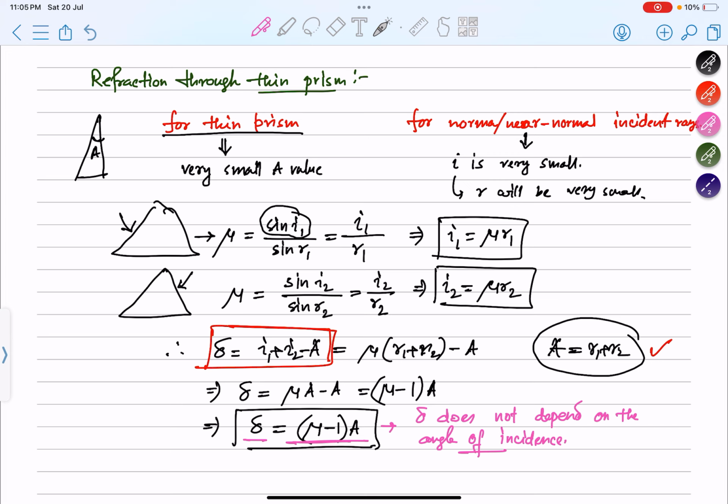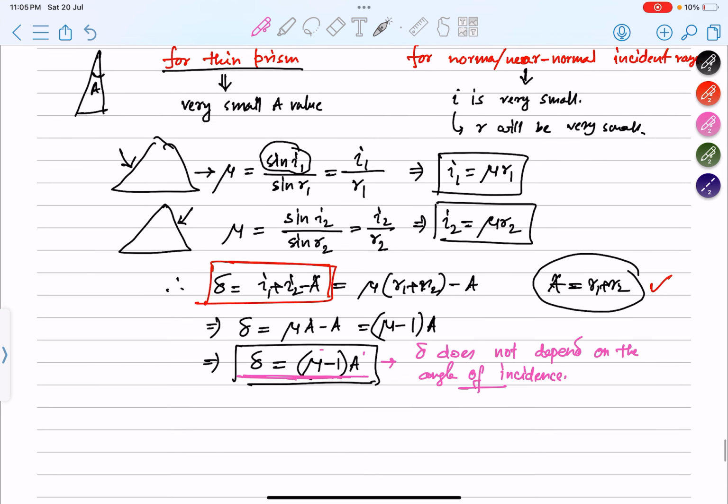It is constant because mu is constant and A is constant for a given prism. So whatever be the value of the angle of incidence, the delta value will not be changing.